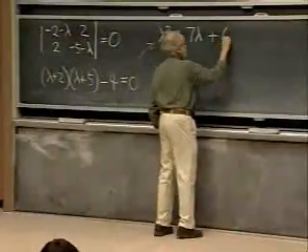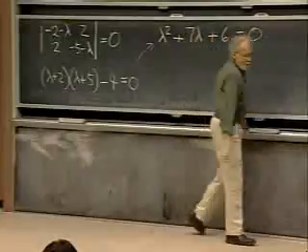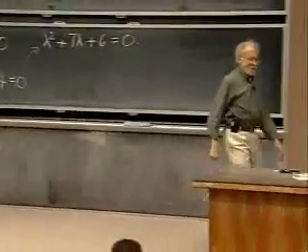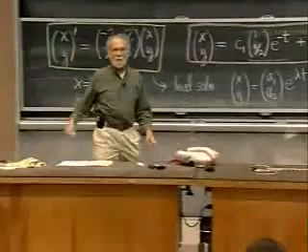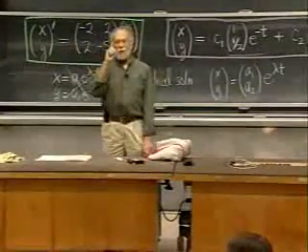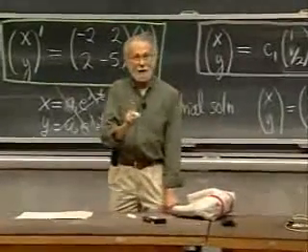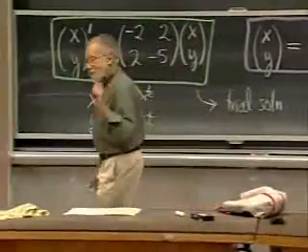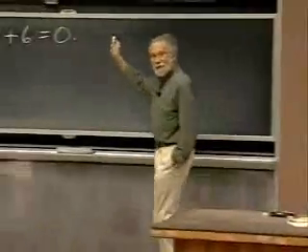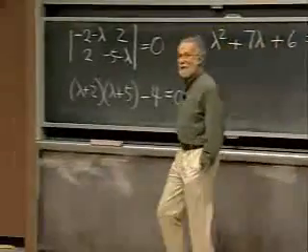How many of you have long enough memories, 2-day memories, that remember that equation? When we did the elimination, when I did the method of elimination, it led to exactly the same equation, except it had r's in it instead of lambda.